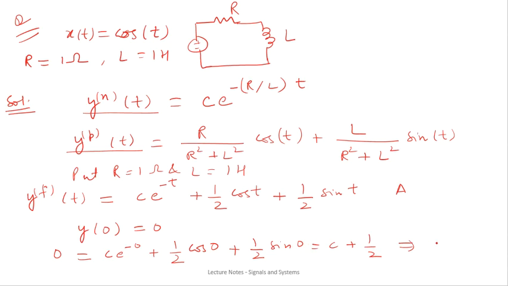So from here the value of C comes out to be C equals minus half. So in this particular expression of the forced response, you can just put the value of C, which is equal to minus half, to get the complete expression of this forced response.